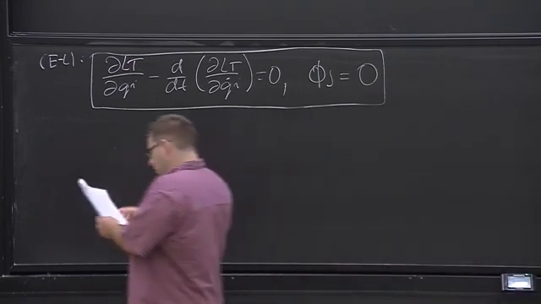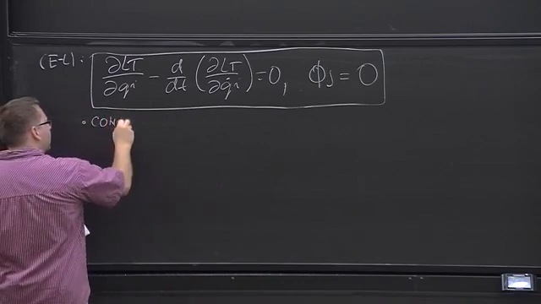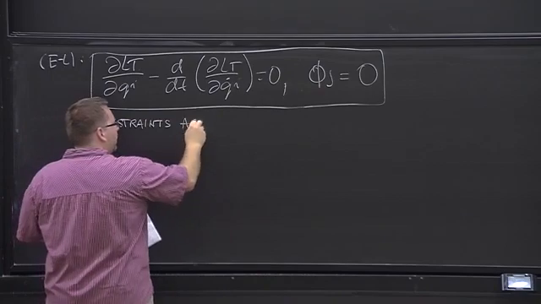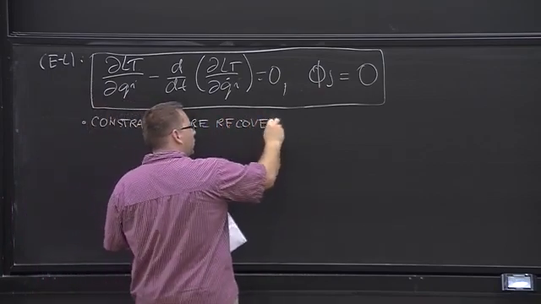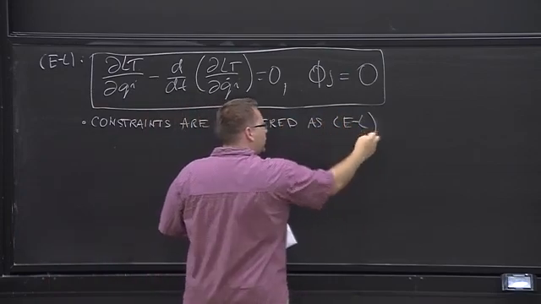Okay? So constraints are recovered as Euler-Lagrange equations.